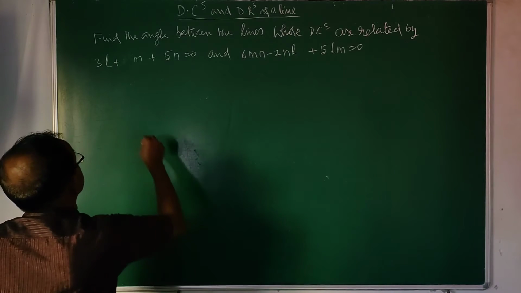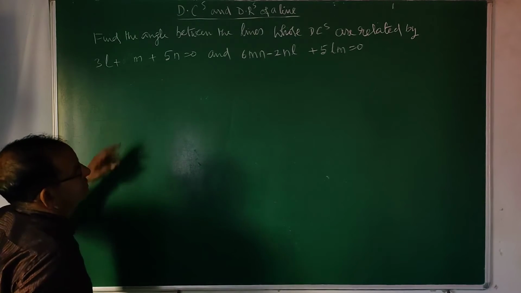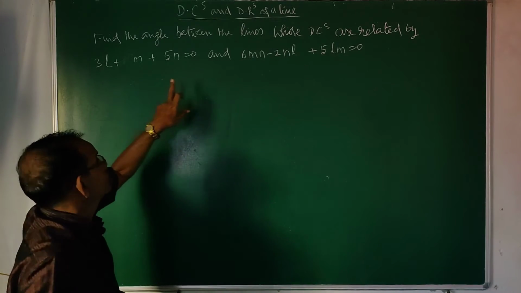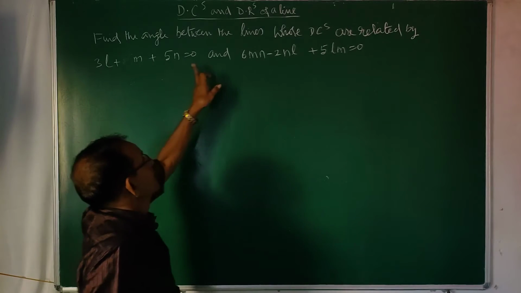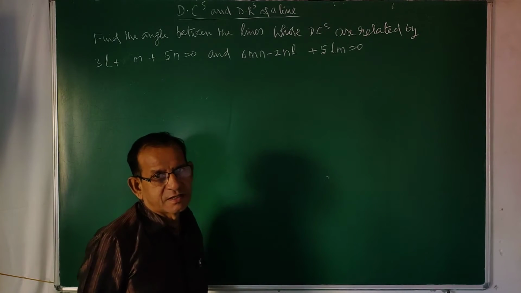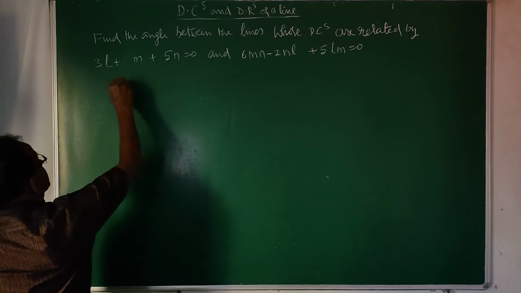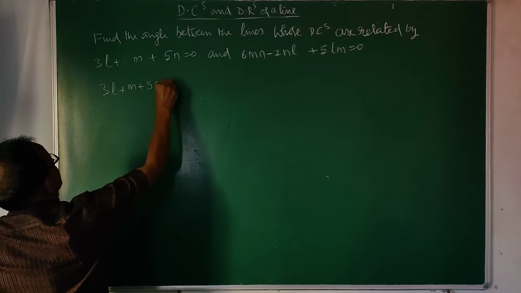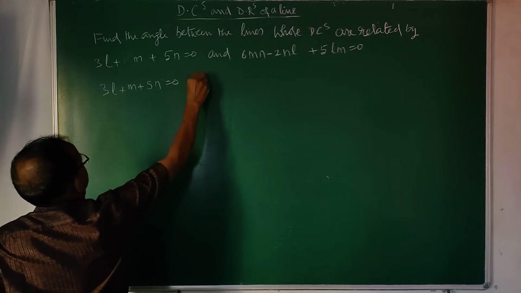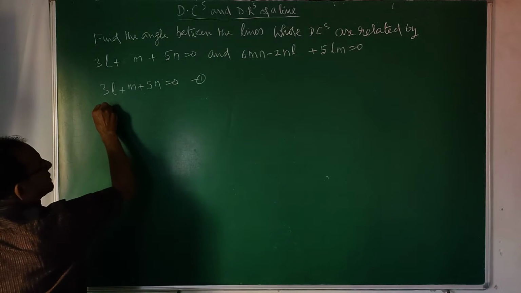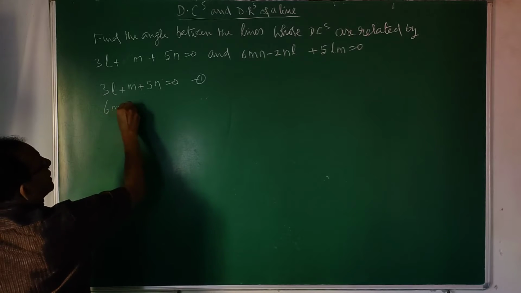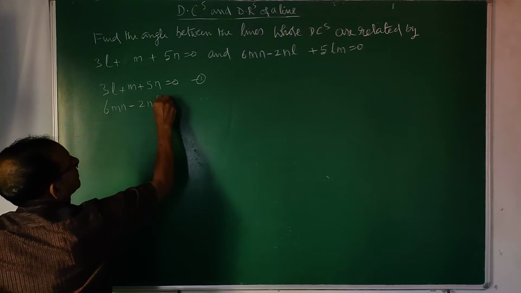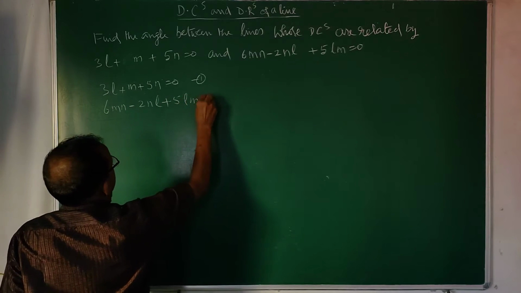See this question. Here also I have to find out the angle between two lines whose DCs are represented by these two equations. Now, first one is 3L plus M plus 5N is equal to 0. Take this as 1. And the other equation is 6Mn minus 2NL plus 5LM equal to 0.